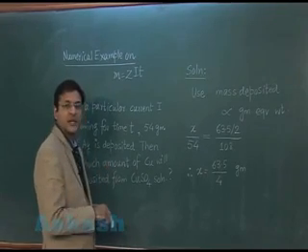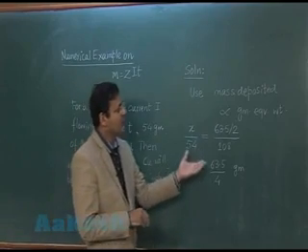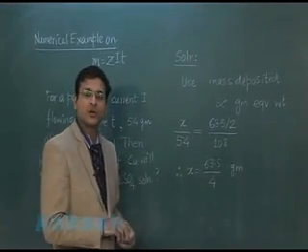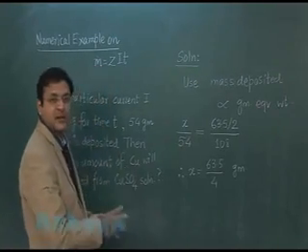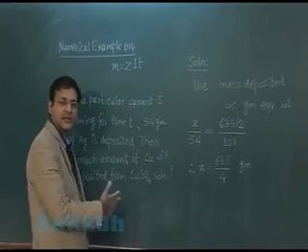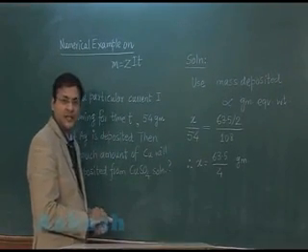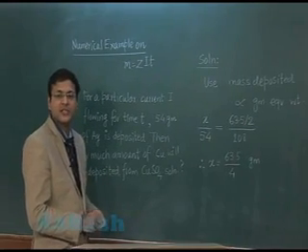This calculation just involved that mass deposited is proportional to gram equivalent weight. You should be happy that on this topic we cannot ask you too many difficult questions so long as physics is concerned. Only a simple application of M is equal to ZIT. So this is all in today's lecture.